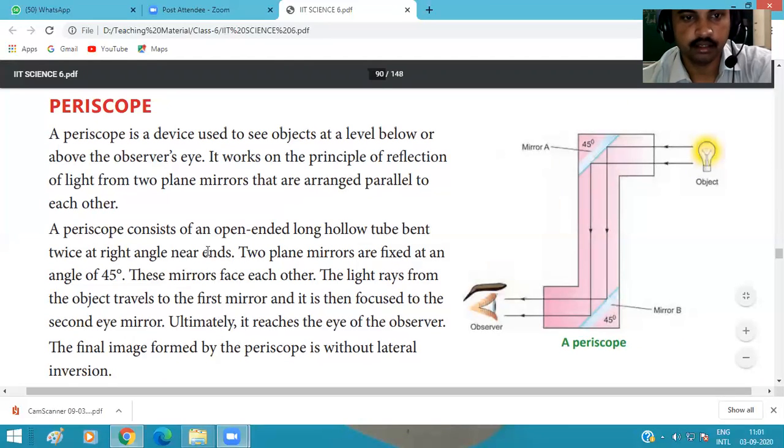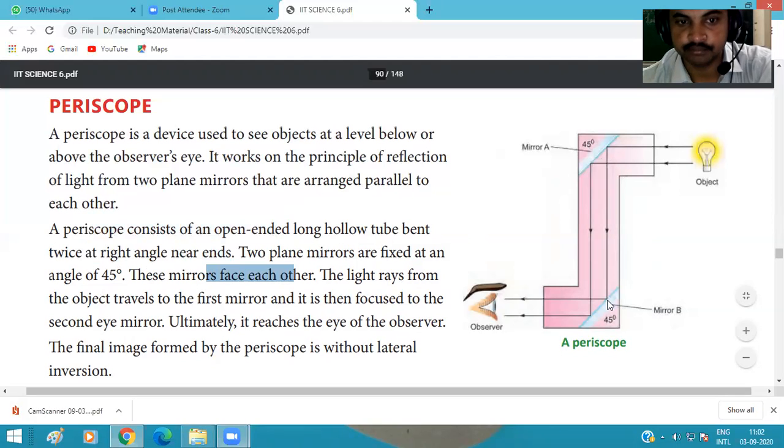So it is a very common and useful device. First we discuss some lines. A periscope consists of an open, long hollow tube which is bent twice at right angles at both ends, and two mirrors are fixed, facing each other, arranged parallel here and here.